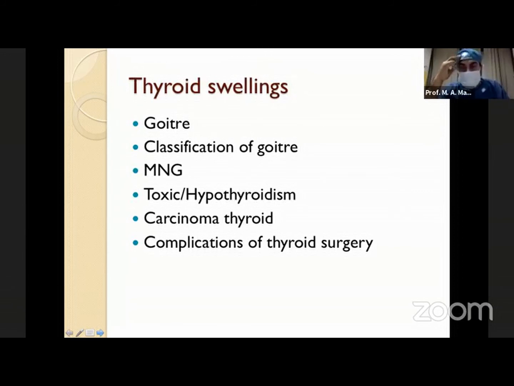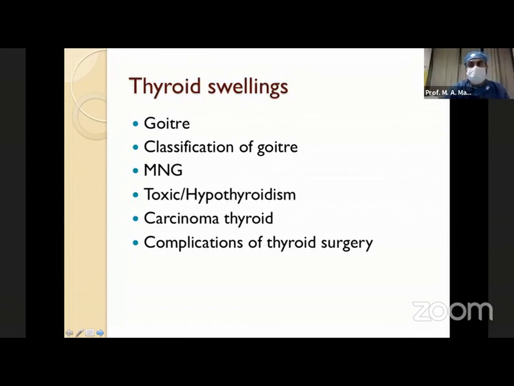Among the malignant thyroid tumors or neoplastic goiter, number one is papillary carcinoma of the thyroid gland. Nowadays about 80 to 90% is papillary carcinoma. Initially it was 60%, but nowadays the cancer rate is very high.